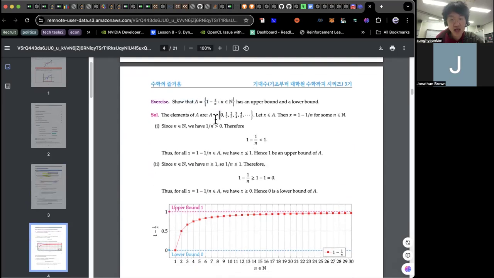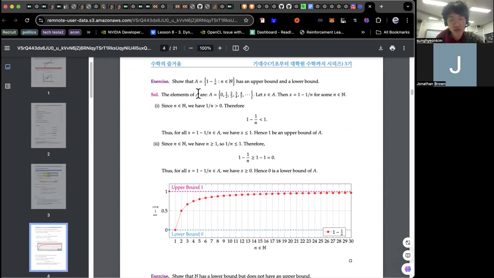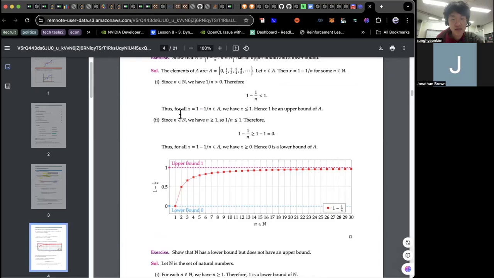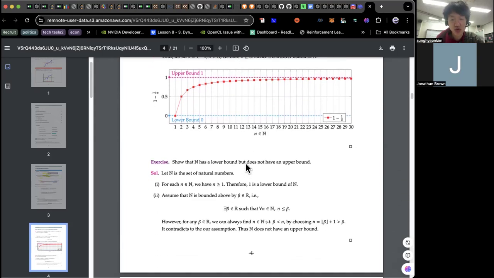We can say A has an upper bound and lower bound by thinking of the numbers 0, 1/2, 2/3, 3/4, 4/5. Since 1/n is bigger than 0, 1 minus 1/n is smaller than 1. Then for all x, we have this relationship, so we can conclude there is an upper bound.